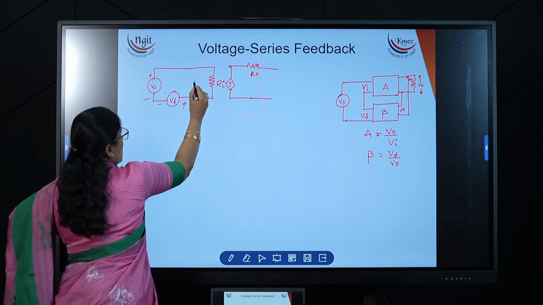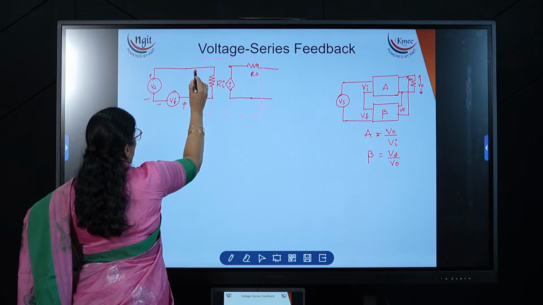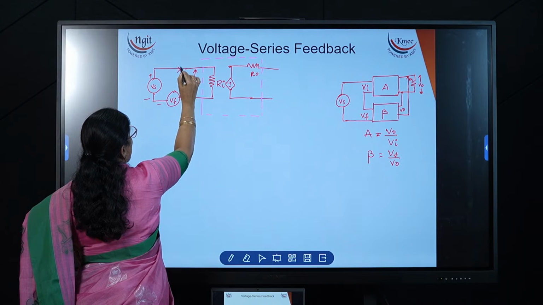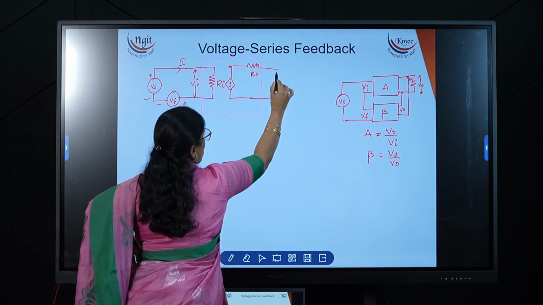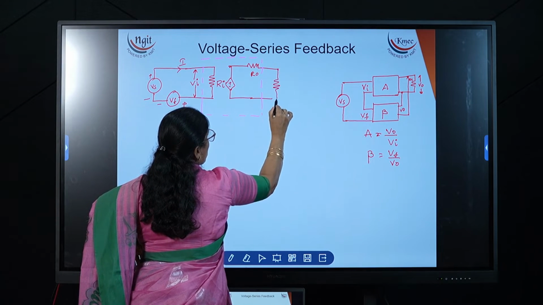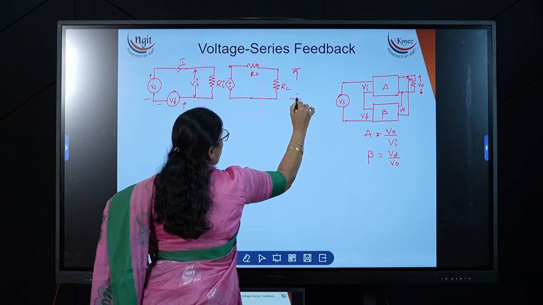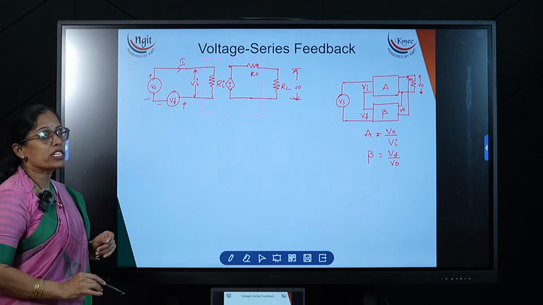This is Vi, and this is a single loop. The current flowing in this loop I take as I. On the output side I am connecting the load resistor RL, and across RL the voltage is V0. This is the equivalent diagram for the voltage series feedback.